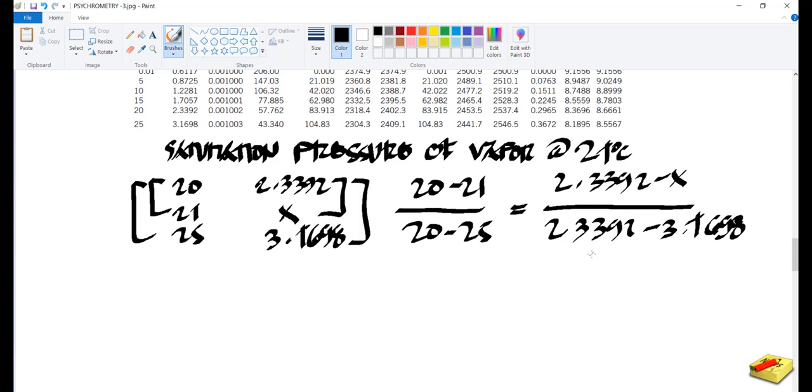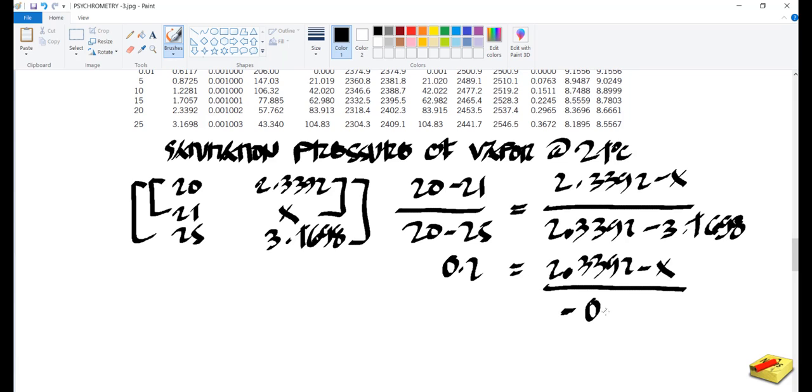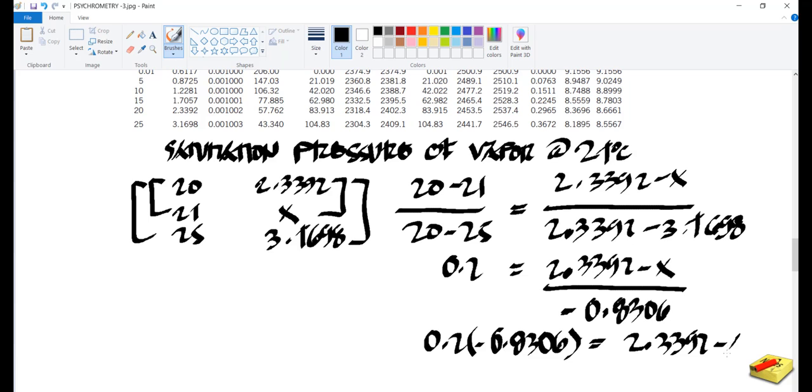So getting our calculator, we have the value. So we have here 0.2 is equal to 2.3392 minus the x divided by negative 0.8306. So cross multiplication, we have 0.2 times negative 0.8306 is equal to 2.3392 minus the x.